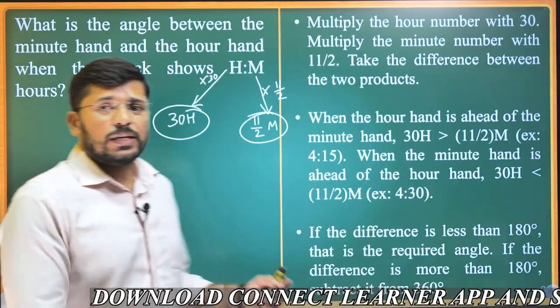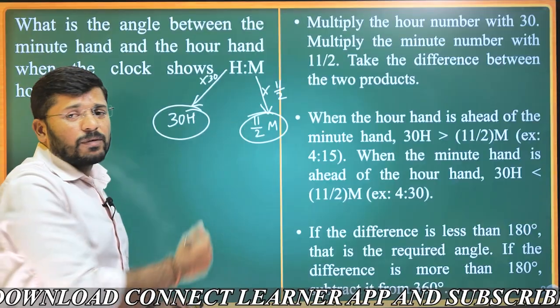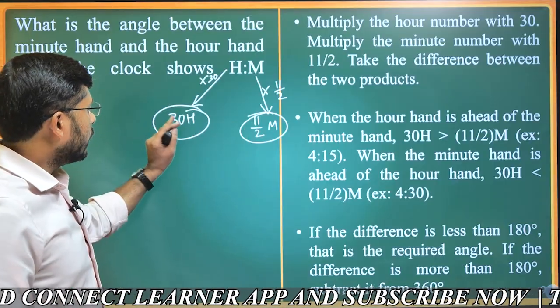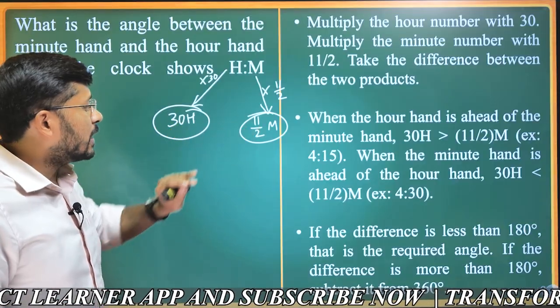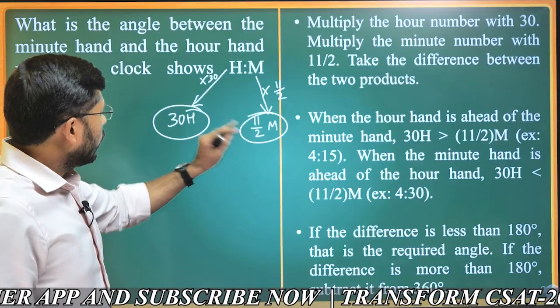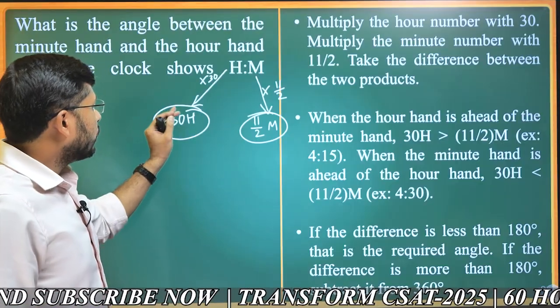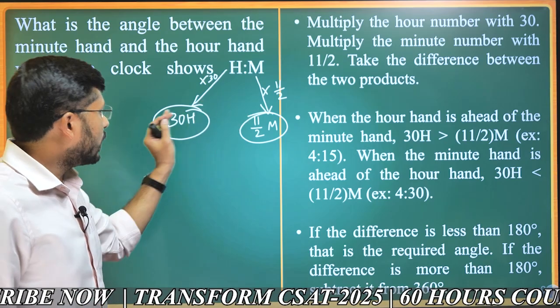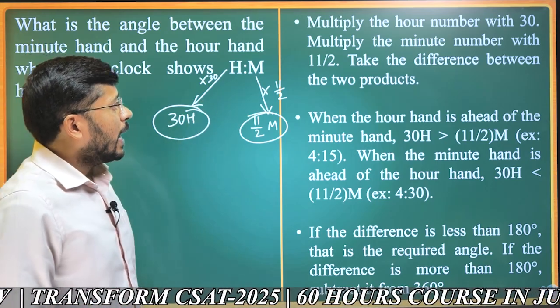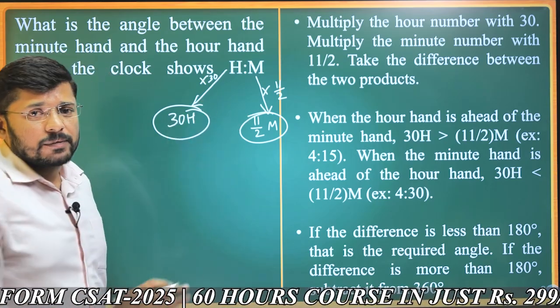And whichever of these two is bigger, subtract the smaller from it. Sometimes 30H will be bigger and sometimes 11/2 M will be bigger. Just take the difference between them. If this is bigger, subtract this from this. If this is bigger, subtract this from this. And we can find out actually which one is bigger.